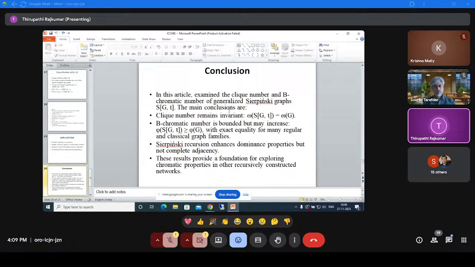Main conclusions: the clique number remains invariant, ω(S(G,t)) equals ω(G). The b-chromatic number is bounded, but it increases: φ(S(G,t)) is greater than or equal to φ(G), with exact equality for many regular and classical graph families. Sierpinski recursion enhances dominance properties but not complete adjacency. These results provide the foundation for exploring chromatic properties in recursively constructed networks.